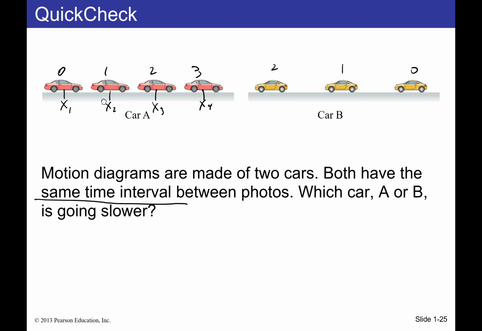But if I look at the distance here, let me call it D1, and here D2, it's going to be different than if I look at distance 1 prime, let me do it like that, for car B. Since D1 prime is larger than D1, with D1 prime being car B and D1 being car A, then I can say that speed prime for car B will be greater than speed for car A. That means the answer here is that car B is moving faster, because during that 1 second time interval, it covers more distance.